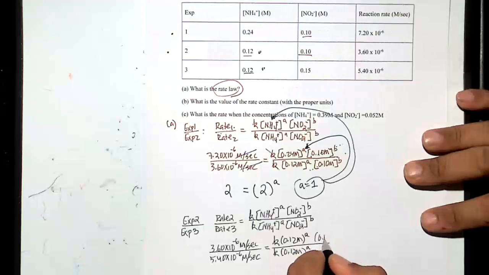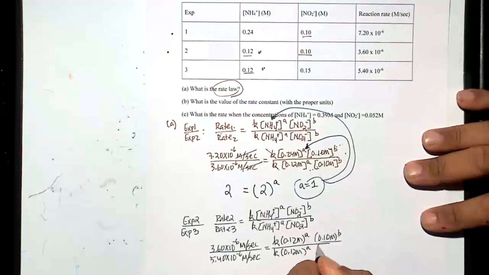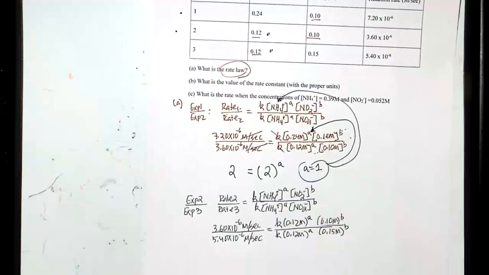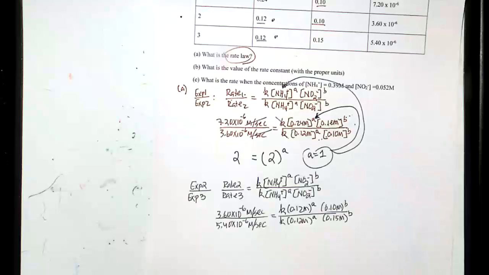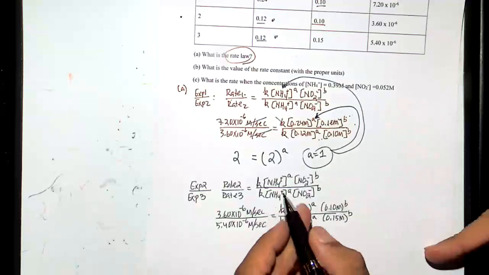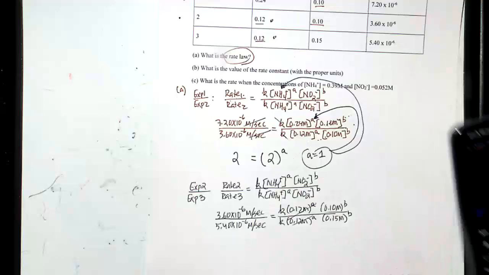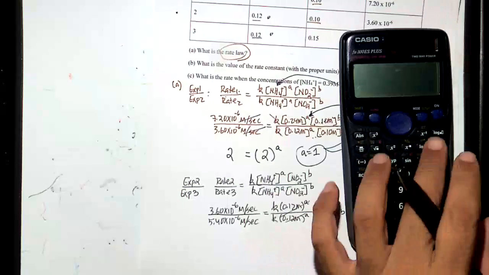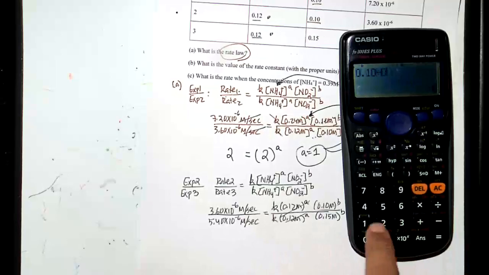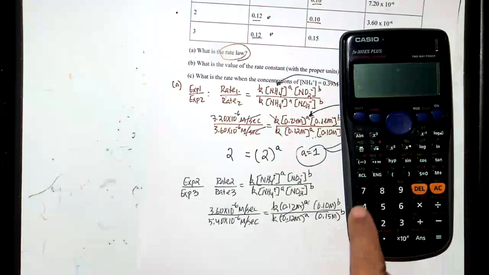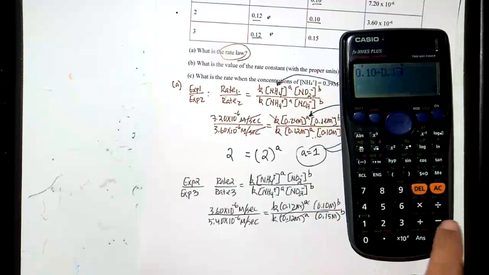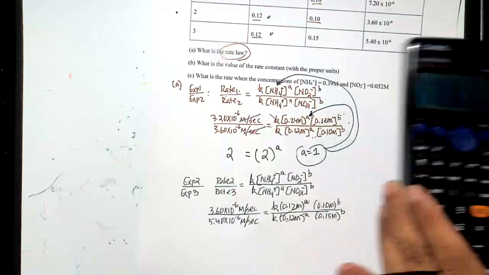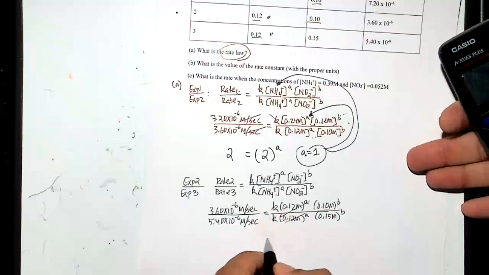NO2 minus is 0.10 and 0.15. The 0.12 and 0.12 to the power of a cancel. 0.10 divided by 0.15, what is that? 0.66666. Do you guys know that as 2/3?